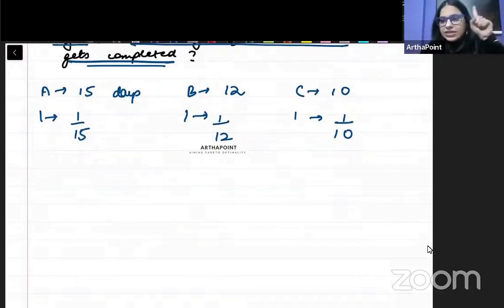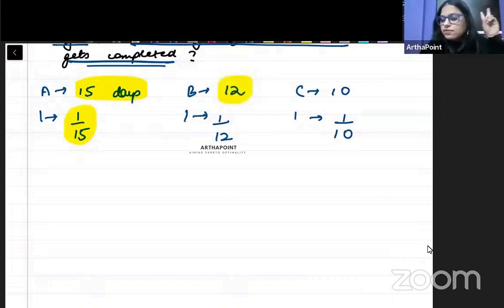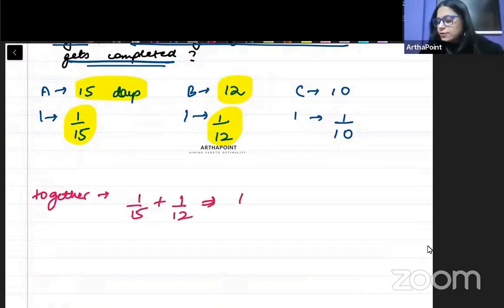So to complete the task, A is taking 15 days. So in one day, he can do 1/15 of the task. To complete the task, B is taking 12 days. So in one day, B can do 1/12 of the task. So together, how much task can they do in one day? Together, 1/15 plus 1/12. So (12 plus 15) divided by 12 into 15.